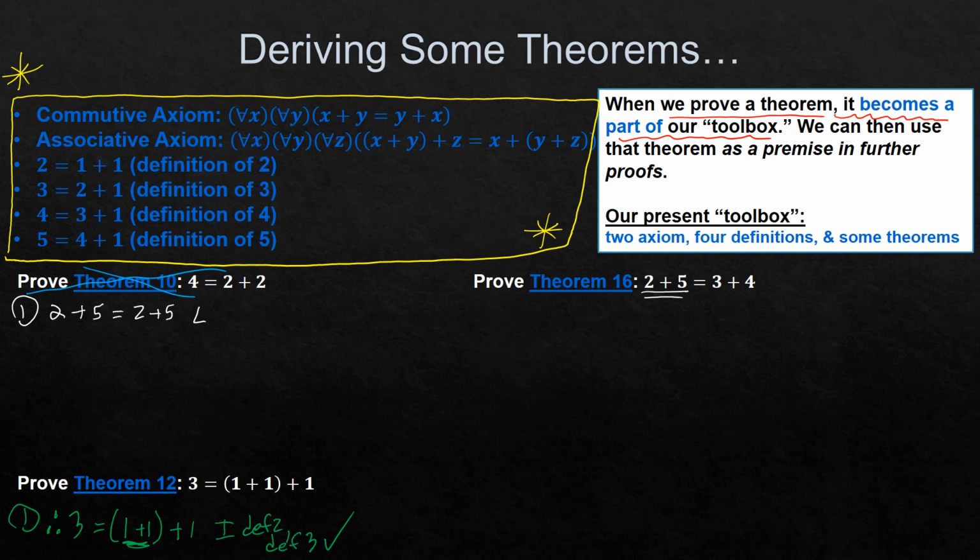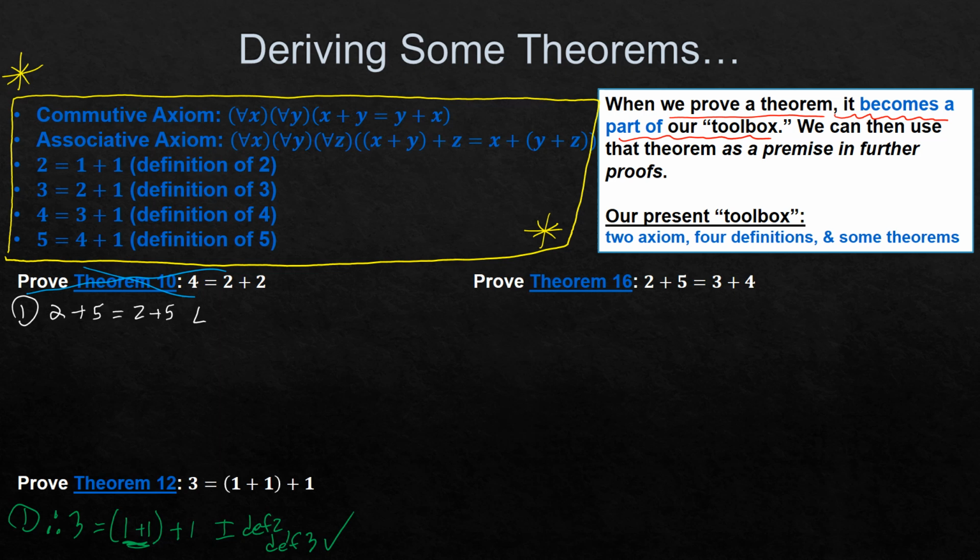But in a situation like this, when you have two different numbers, say, on the left-hand side, we're probably going to have to resort to the logical truth rule to at least get us started. Anyways, our goal right now is to say that 5 is equal to 3 plus 2. And we don't have that in our toolbox.